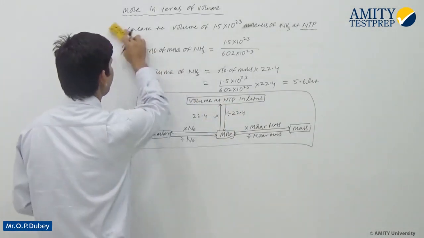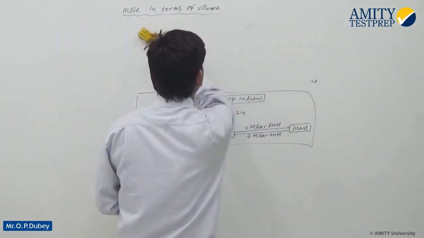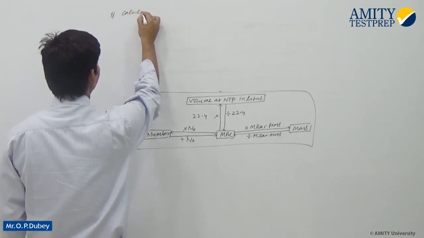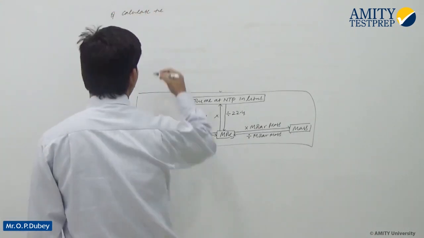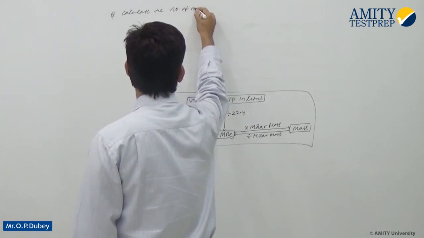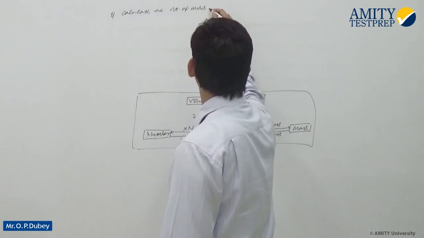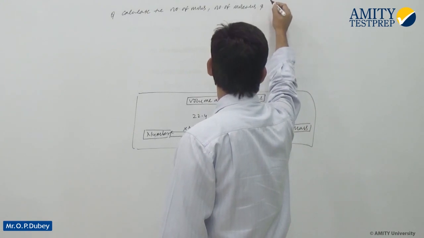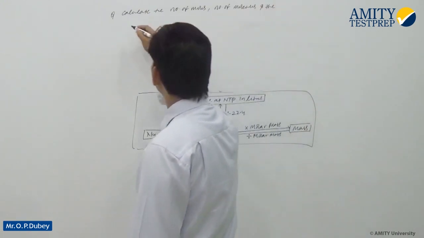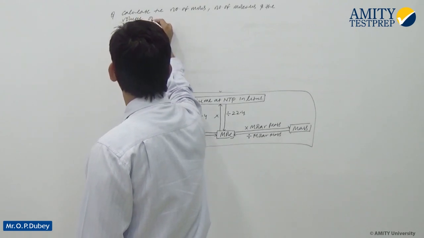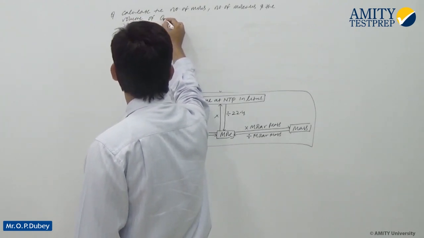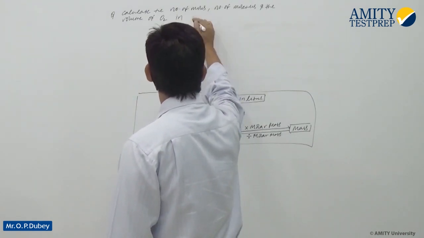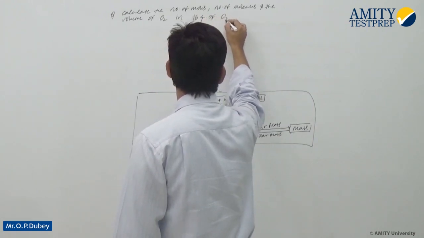Like, suppose calculate the number of moles, number of molecules, and the volume of oxygen in 16 gram of O2.